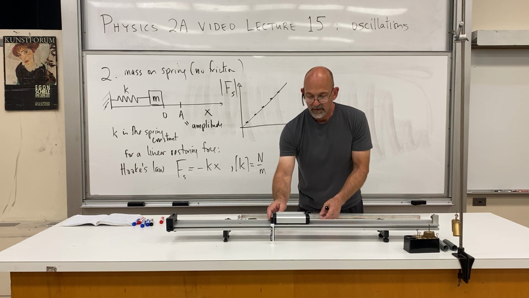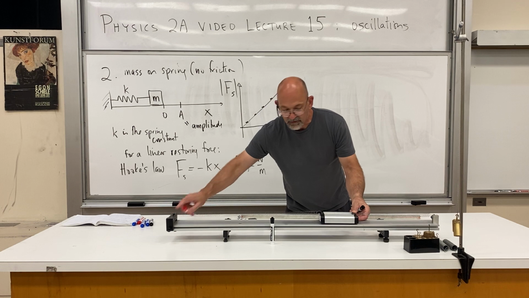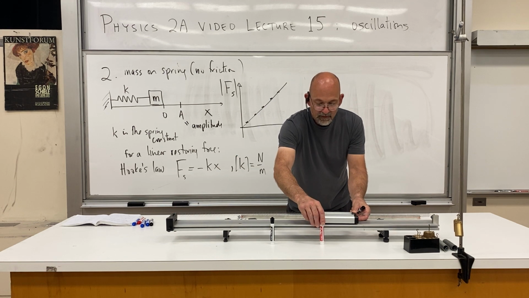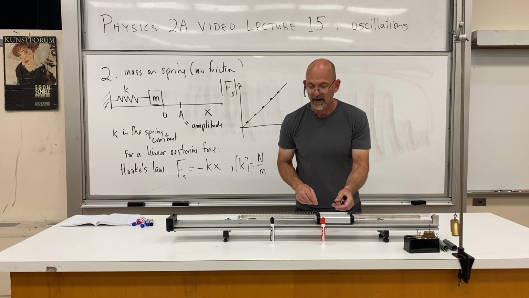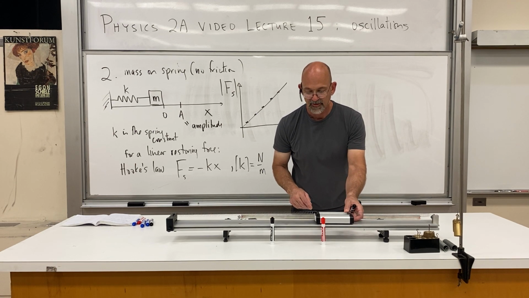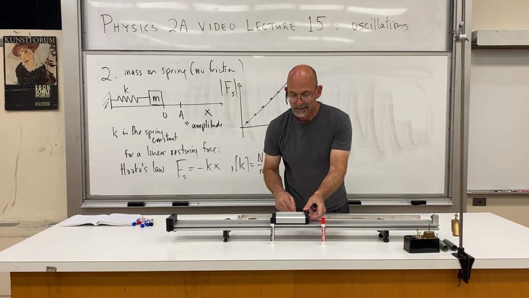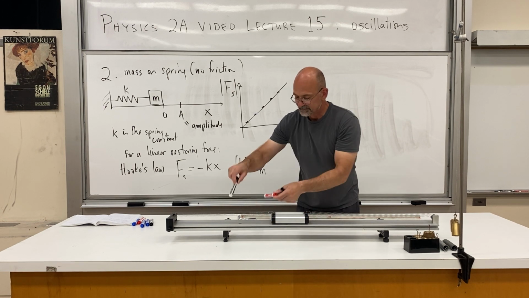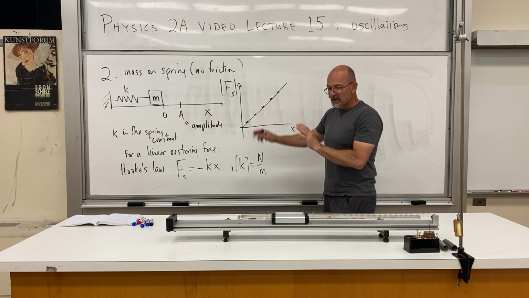So I pull this out, and there's my amplitude. So the distance between these two markers, that's my amplitude. I let go, and it oscillates back and forth. Okay. So, good. So we have that much.